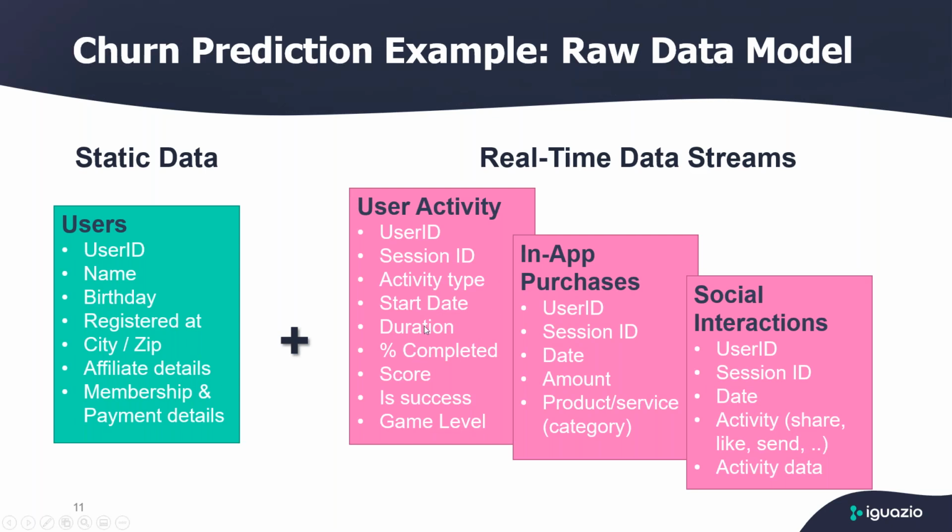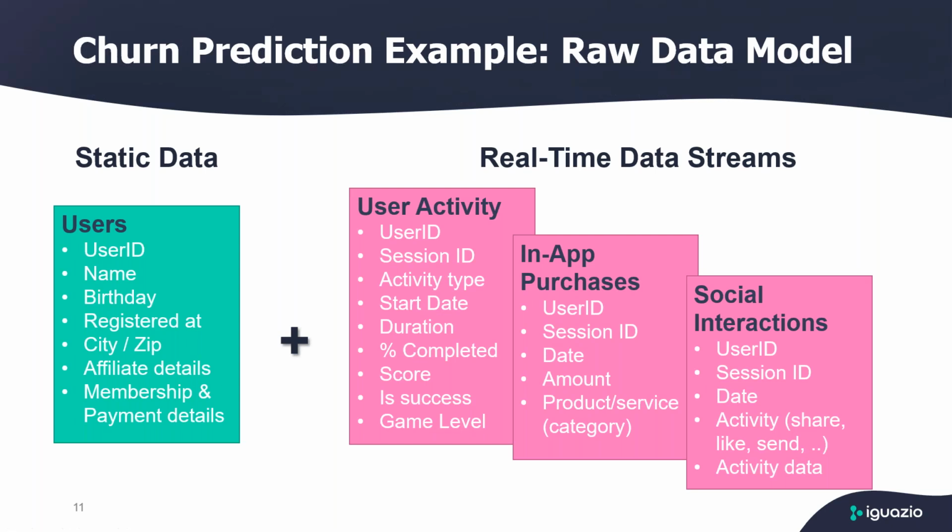So what is really the data that we can gather for such a mobile app? We have some static data about the users when they register, like the username, the birthday, geolocation, or zip code, which can tell us some information about the socioeconomic situation of the zip code and so on, affiliation, memberships, and so on. But there's also a lot of real-time data that comes in, like user activities.